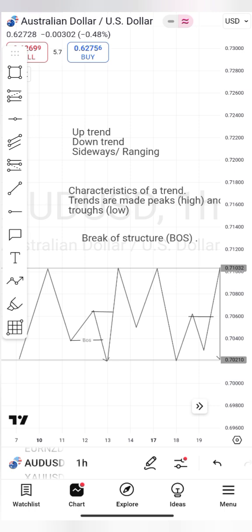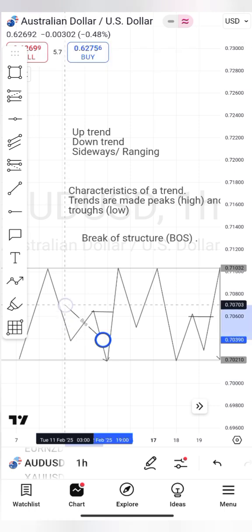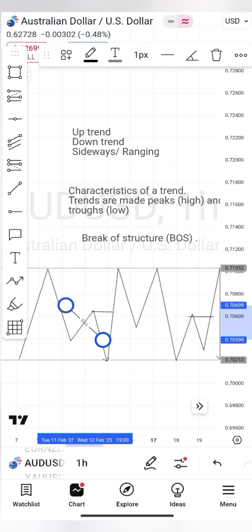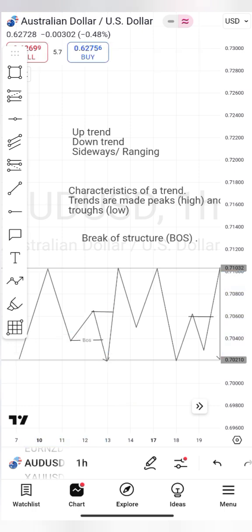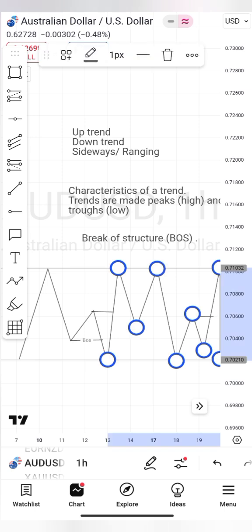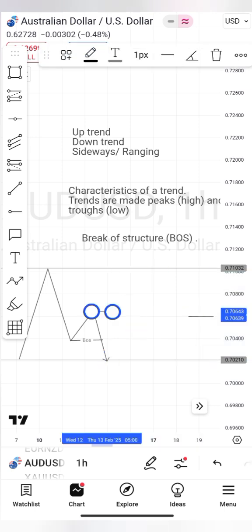They don't know how to mark it out, because they had believed that we were having a break of structure to the downside. And sometimes you might even have two within here. You might even have a few more within here. But the main thing is, if you're able to spot these things, it will be a lot easier for you to deal with the confusion.